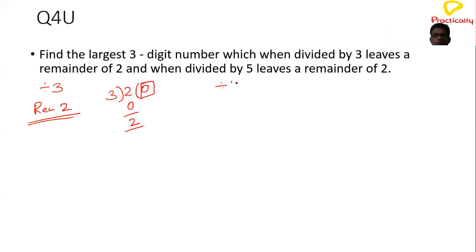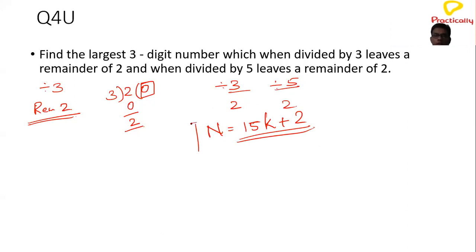Clear? So now, I'm dividing by 3, leaving a remainder 2, dividing by 5, leaving a remainder 2. So what is the format of my number? The format of my number is the LCM of 3 and 5, which is 15, its multiple, plus the common remainder that we have. So 15k plus 2 is my format of the number.